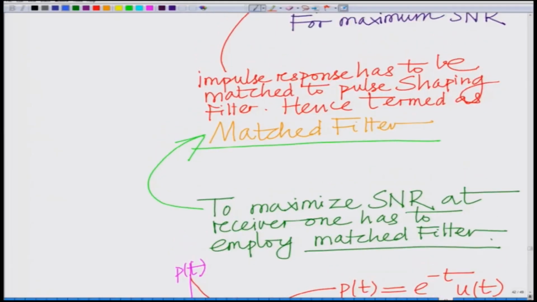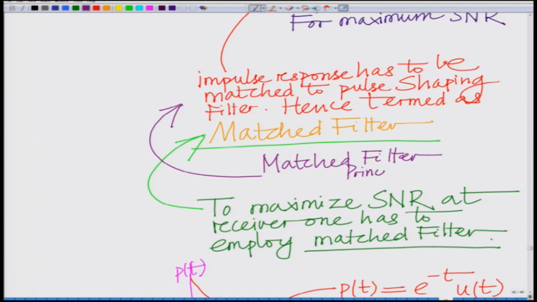Let us note that, because that is one of the most fundamental principles. This is known as the matched filter principle.